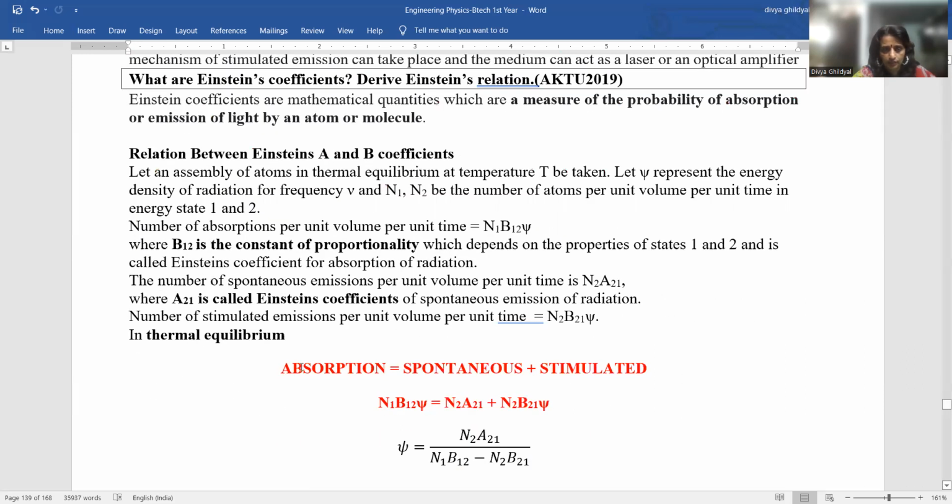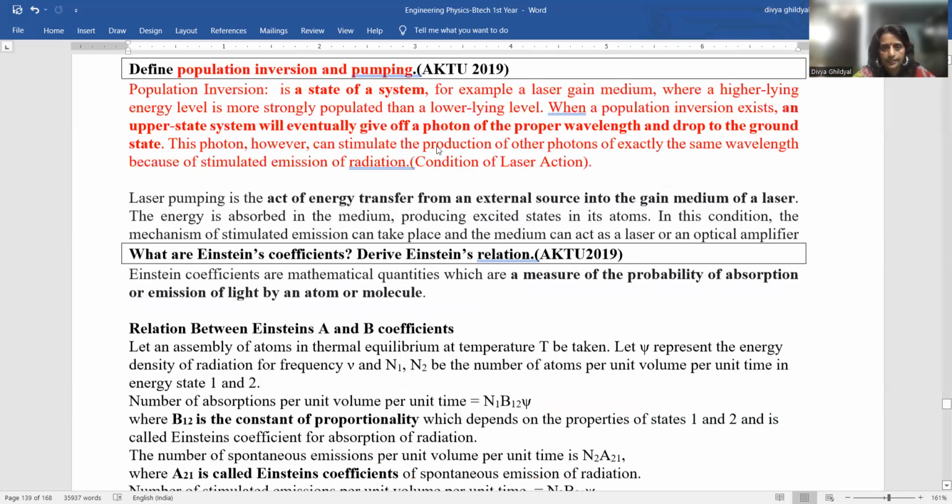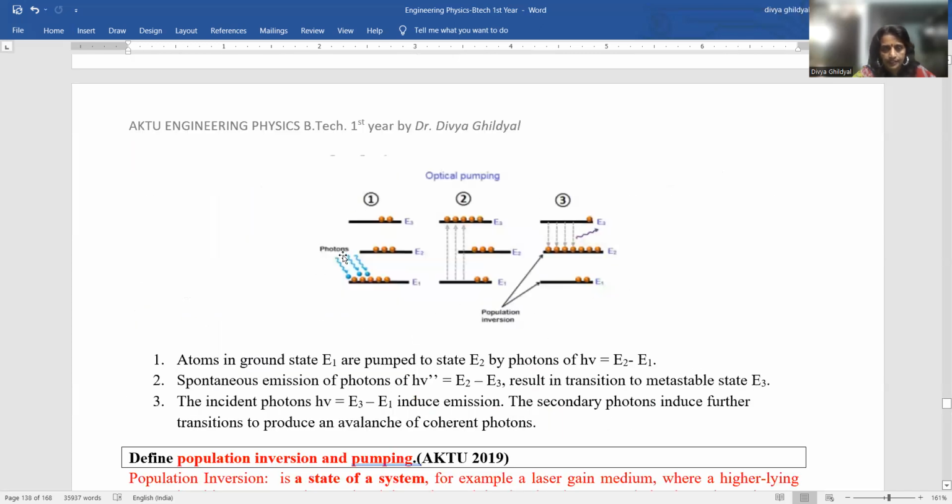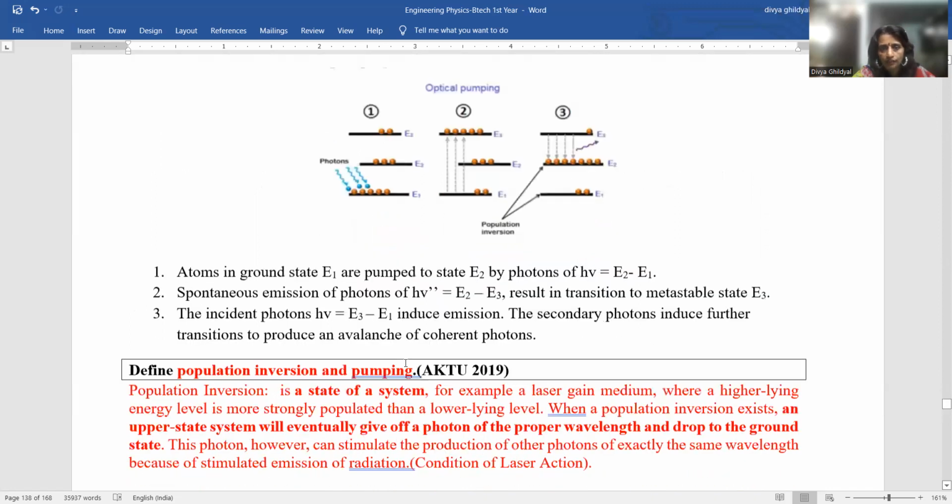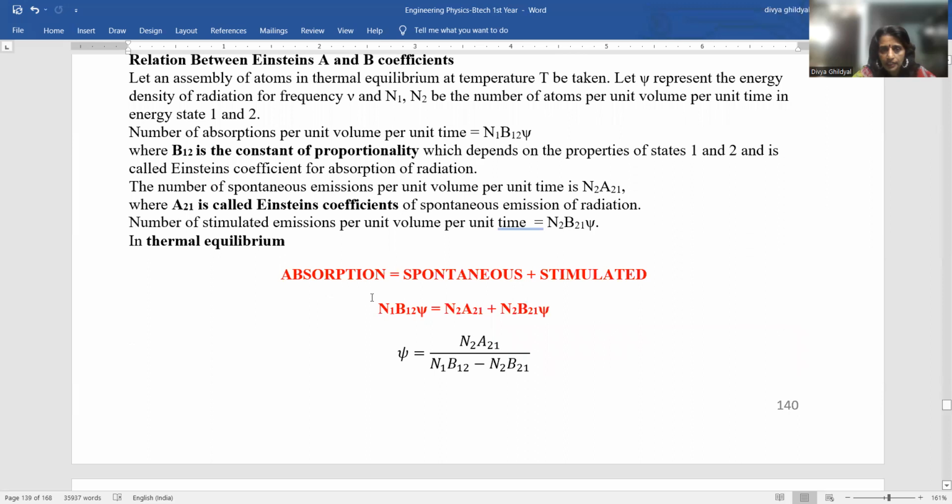Look at this expression: absorption equals spontaneous plus stimulated. A very easy way to memorize this is to look at this energy level diagram. Energy is falling on these atoms in the ground state. Whatever energy they absorb, E equals h mu, only that energy they use to go to the excited state, stay there and drop down. Compare it in your mind with a water pump.